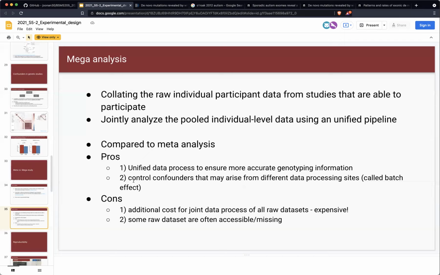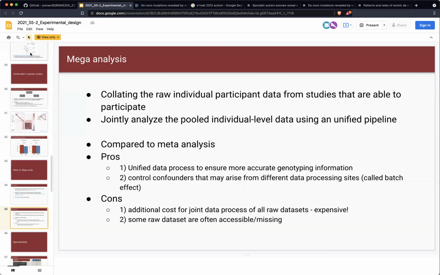If you read the paper, you will find that Kaplanis's paper either is just collecting the numbers from different data sets, or they get the raw data and process it in the same pipeline, doing unified processing for the entire data set. So you can see the differences between meta and mega.